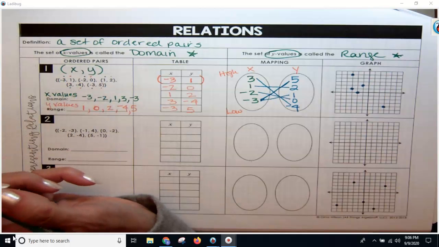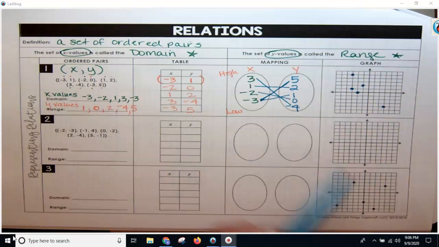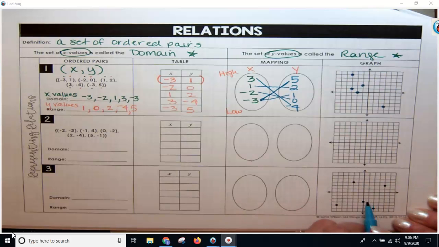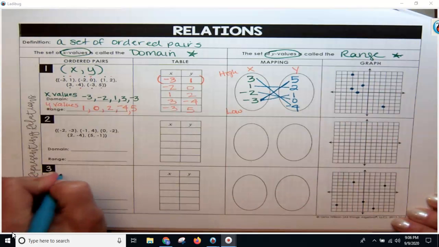All right. So what I'd like for you to do is go ahead and finish this on your own, and then I'm going to show you the answers after when you get back, because I'm going to pause it, I'm going to work the answers, and so when you just pause it now, try and get as far as you can and do it all. And this one's a little bit different because you actually have to create, I'm going to probably go from here to my ordered pairs here.